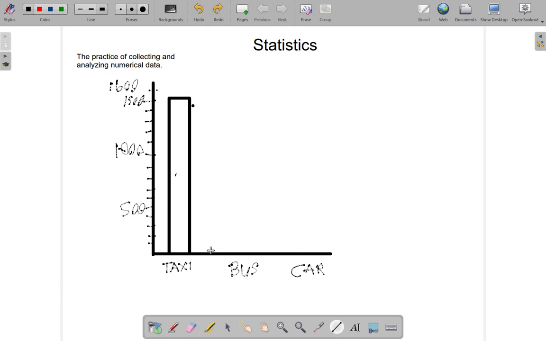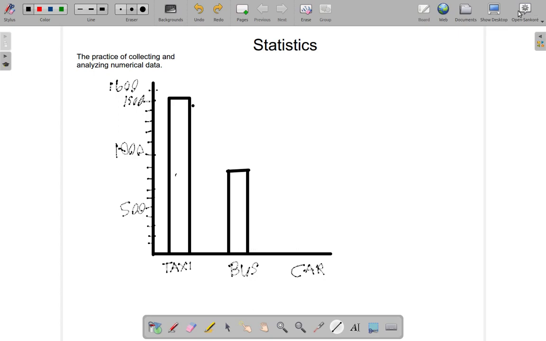So for bus, 5, 6, 7, 8. Alright, how about here? I'm estimating. And the bar goes up. I want to make the bars equally thick. This bar is a bit wider than the one for taxi.